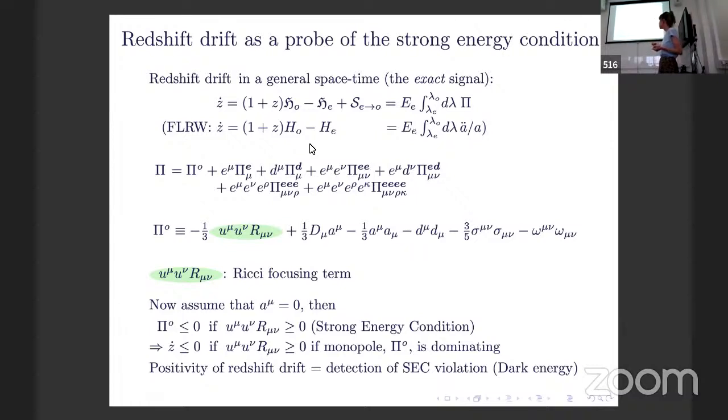It in turn means that if we are taking a positive redshift drift signal, this is a direct signature of strong energy condition violation. So this is potentially a direct way, just from the sign of the redshift drift that we measure, to really probe the strong energy condition model independently.